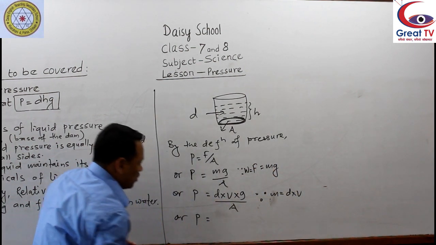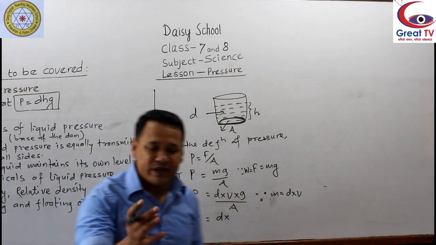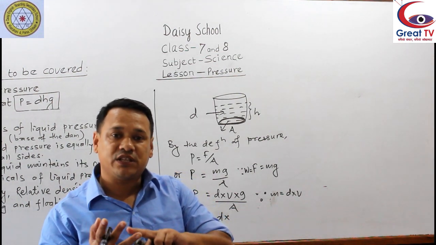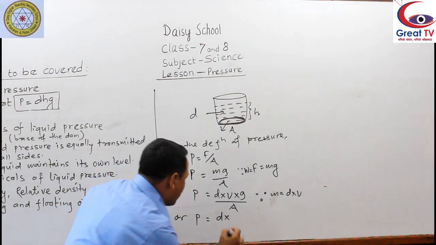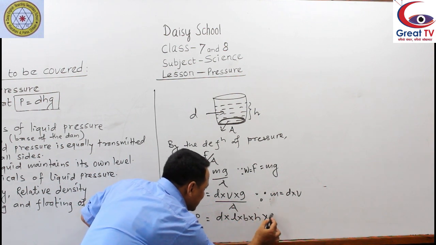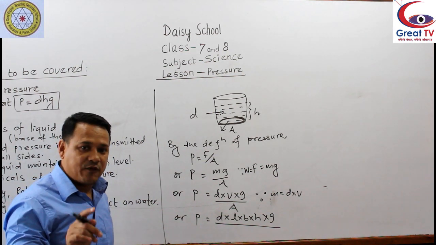Similarly, P equals d times volume, and volume means length into breadth into height. So you can write P equals d times l times b times h times g, over A. Here area A means l into b, the area formula you know.